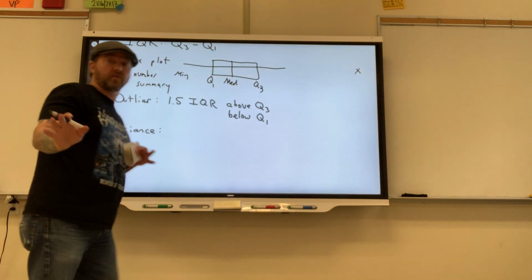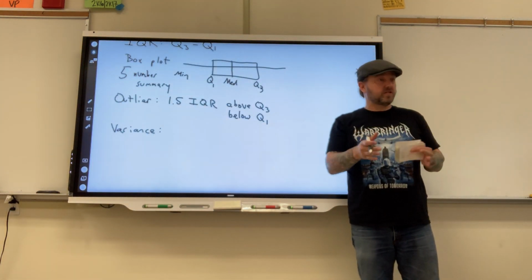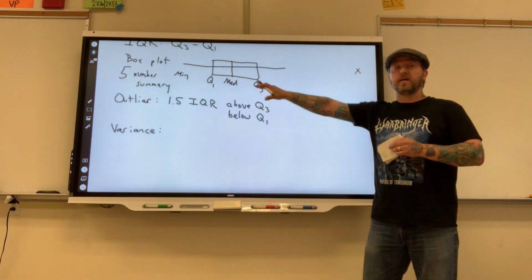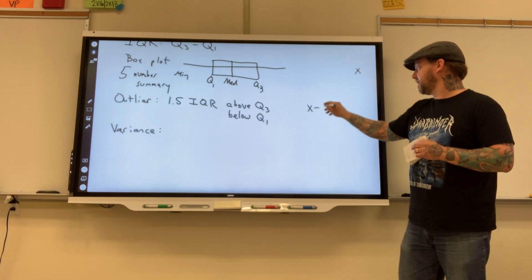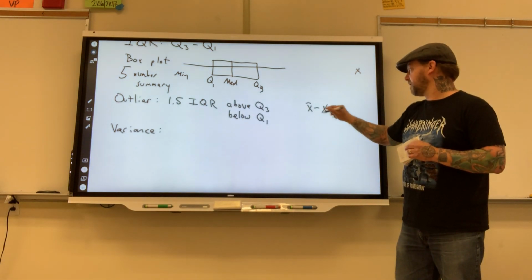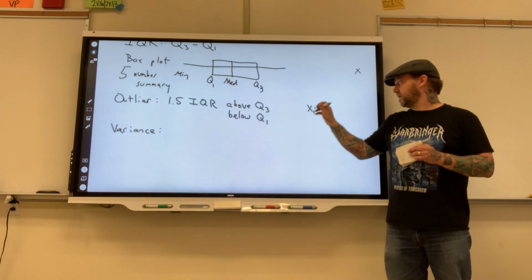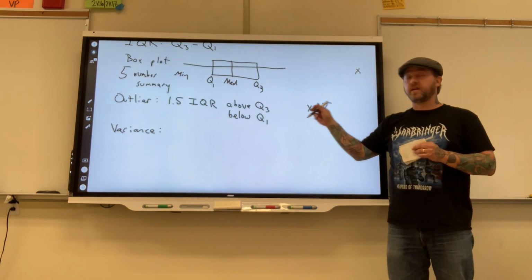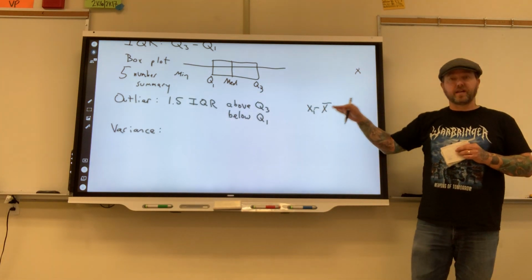Variance. Now, remember, standard deviation is sort of an average distance to the mean. But if we took the distance of each individual x minus the mean, and we average those together, we're going to get 0.